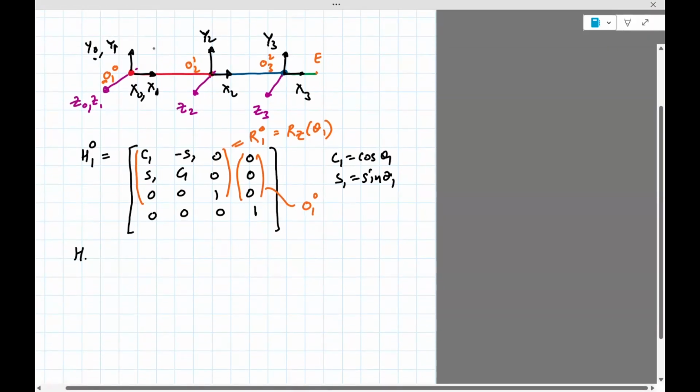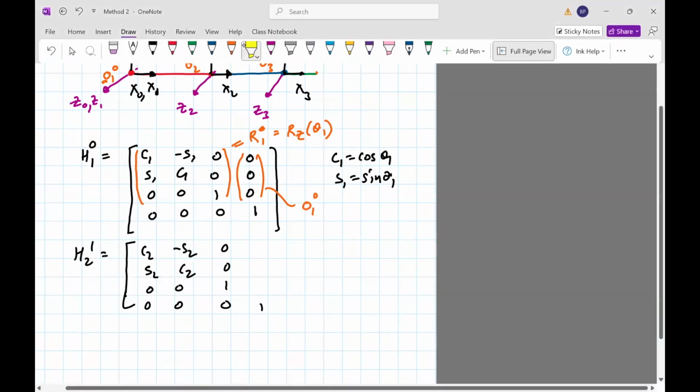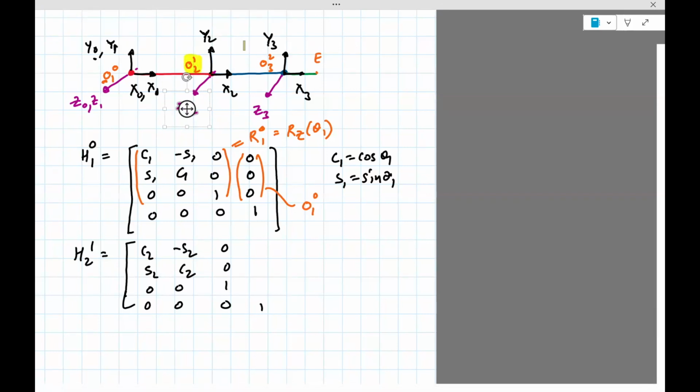Okay, similarly, we can write H21. It's going to be C2, S2, S2, C2, 0, 0, 0, 0, 1, 0, 0, 0, 1. Okay, next I need to write the position of O21. So this is the frame, the origin of this frame.